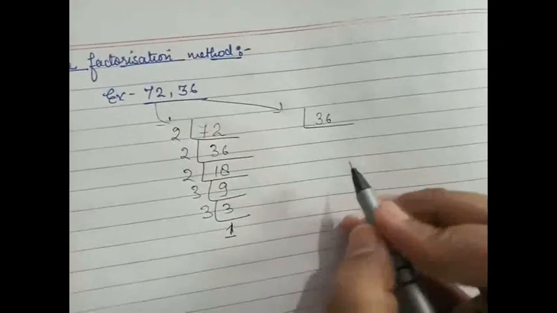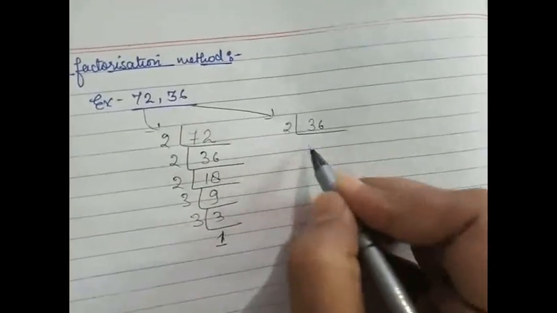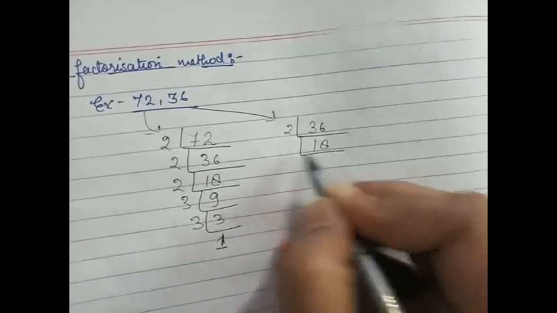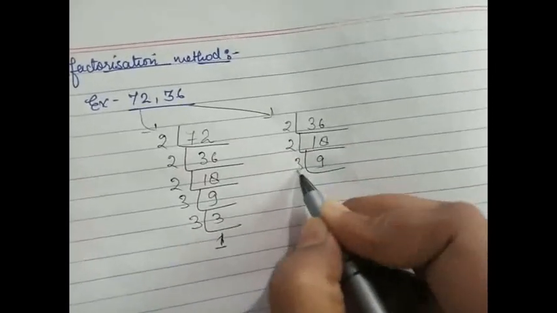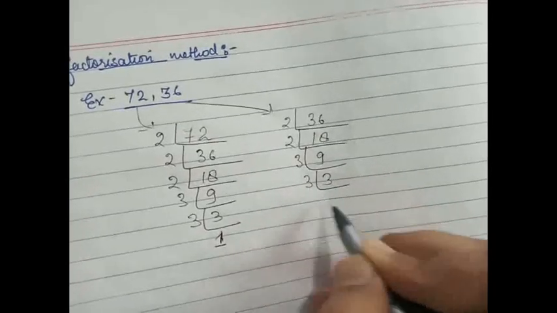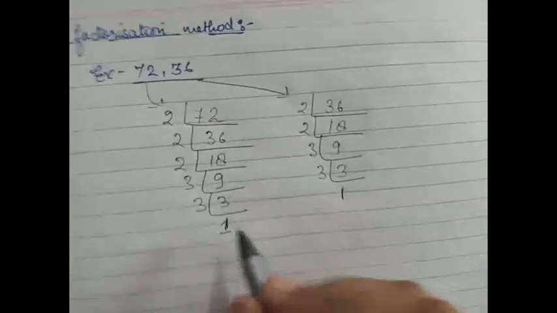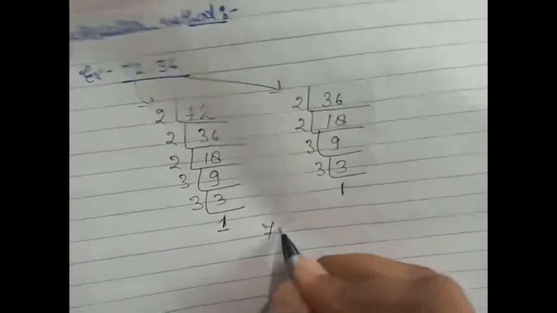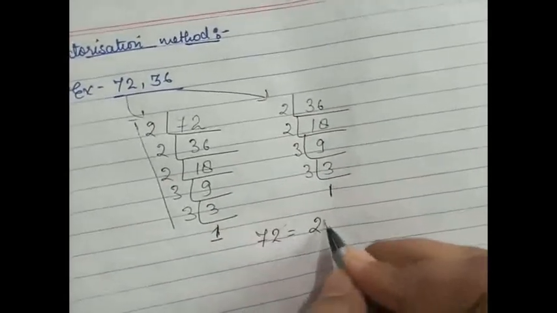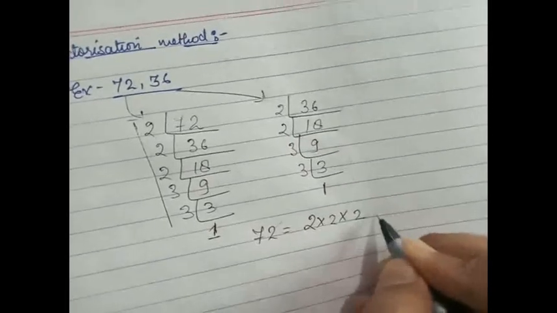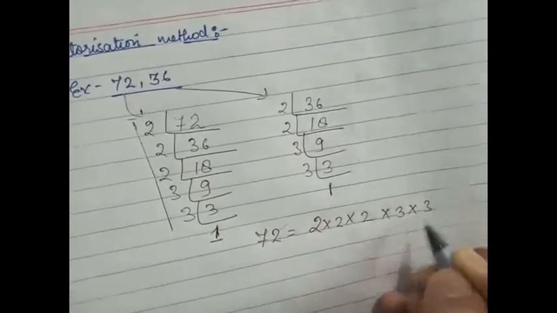Now we will find the factors of 36: 18, 9, 3, 3 and 3, 1. Now we write the factors of these numbers. For 72: 2 multiplied by 2 multiplied by 2, then multiplied by 3, then multiplied by 3. For 36: 2 multiplied by 2 multiplied by 3 multiplied by 3.